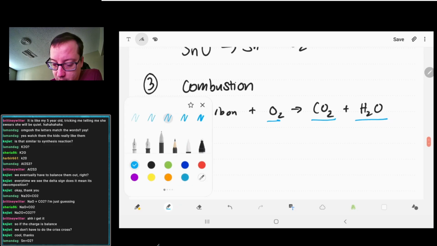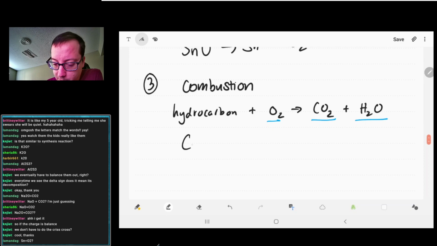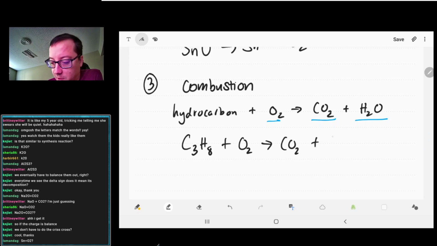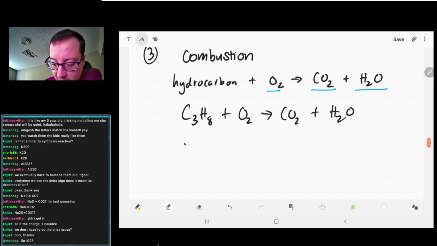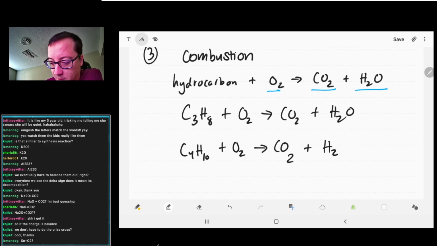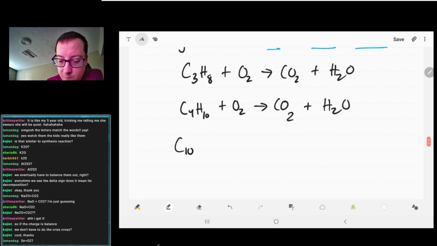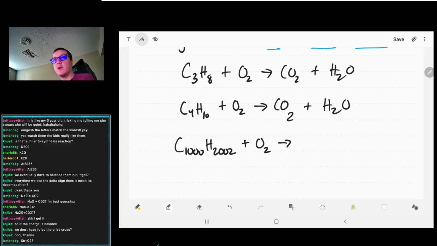So for example, if we take propane, we would combine it with oxygen and we would make carbon dioxide and water. If we were to take butane, guess what we would make? We would make the same things. If we take some crazy compound plus oxygen, what do we think we're going to get out of this one?